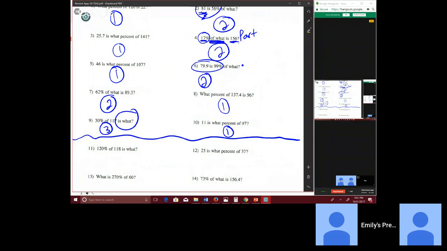However, the word is does correlate to a scenario 2 because it always says that the number is 89.3 or is 156, and that gives you a hint that that's the part. The of typically corresponds to the total, but again, I strongly encourage you to always use the story. Let the problem tell its story and adhere to the story that the problem tells.